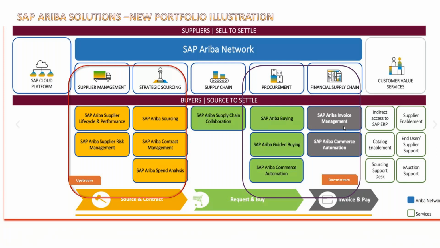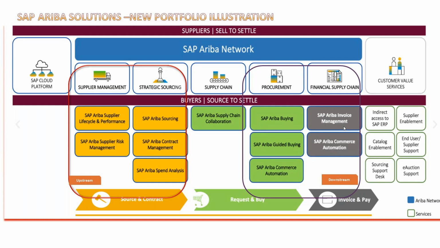If you have integrated your Ariba system with the S4 HANA system, then when you are integrating, there will be a few endpoint configurations. In that endpoint configuration, you need to fix at what time or in which scenario you want to send the PO to the ERP system. There you can make the settings. Those are called endpoint configuration.